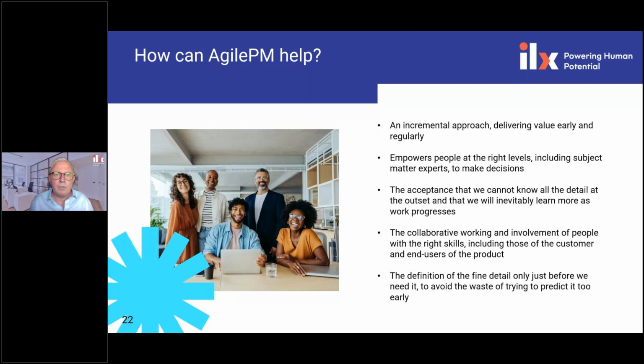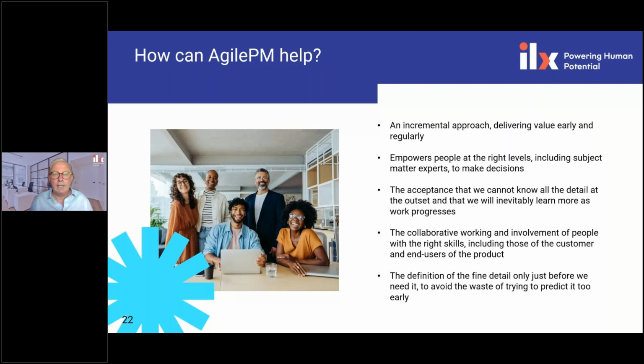So we want to know as much detail as possible. Agile will still plan the project and it will create firm foundations for how the project will move forward and how the decisions will be made. We'll make sure that people in the project work in a collaborative way, people being kept involved and informed at the right time, and people get to use their skills in the correct way.